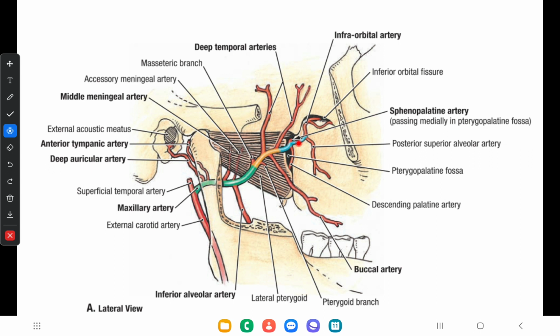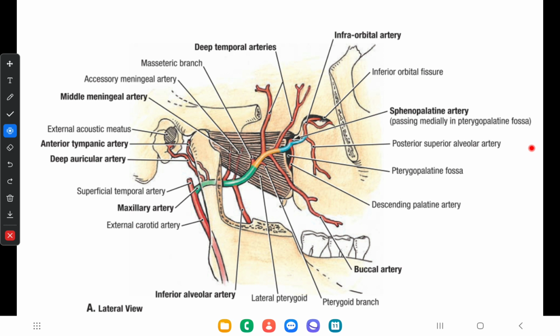It extends from the mandibular neck up to the sphenomandibular ligament. Sphenomandibular ligament, as the name implies, has one end attached to the sphenoid bone and the other end attached to the mandible.